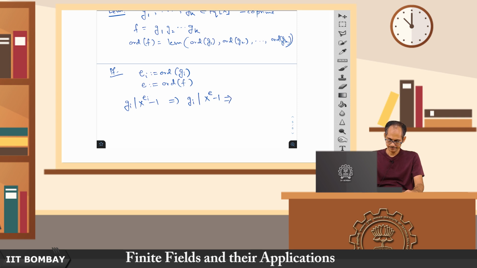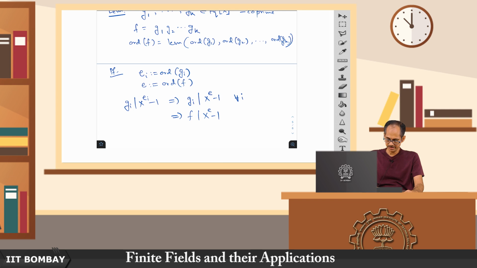Now this is true for all i. That means that f also divides x^e minus 1, because if every g_i divides x^e minus 1, the LCM of the g_i's, which is f, will divide x^e minus 1 as well. The g_i's are co-prime, so their product is the same as their LCM.